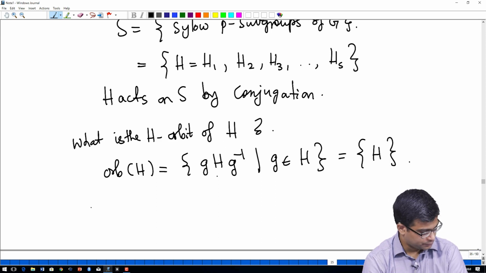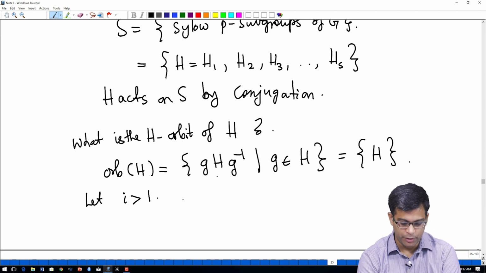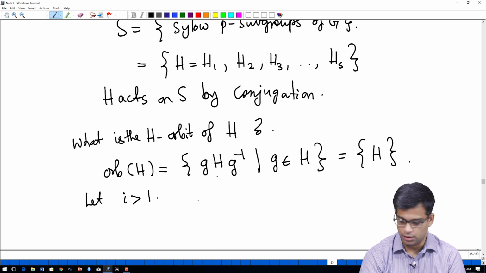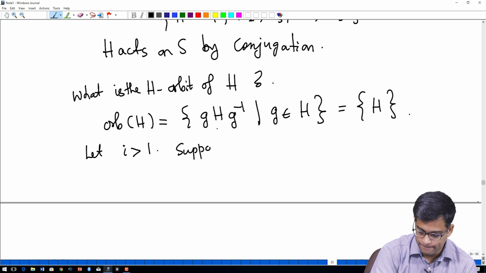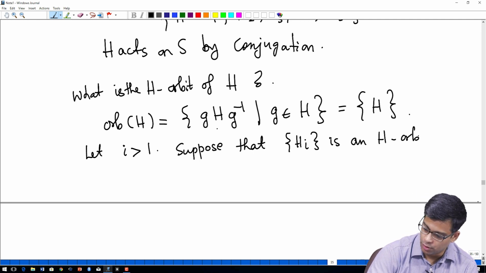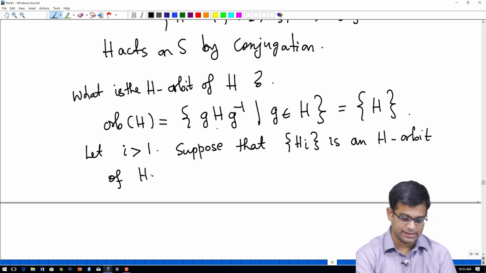Now, let i be any number bigger than 1. What is the orbit of H_i is what I want to think about. For that I will suppose that H_i is an H orbit of S, rather.